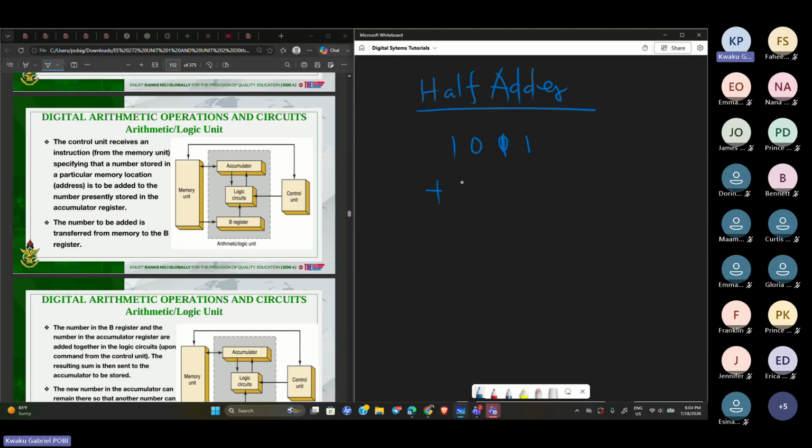I want to add it with 1, 0, 0, 1, like this. Now, for the first part that I'm going to add, I am going to add 1 to another 1, basically. So it means I have a 2 input adder that I'm going to implement here. And that 2 input adder is what we term as a half adder.